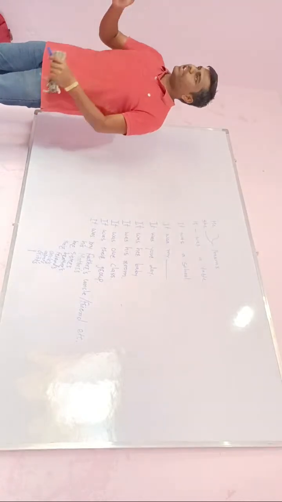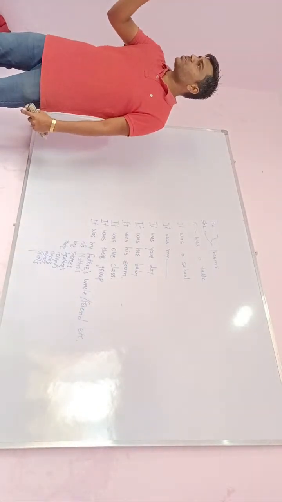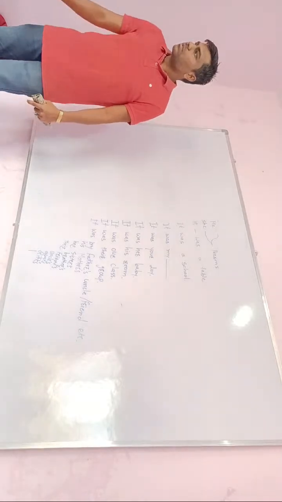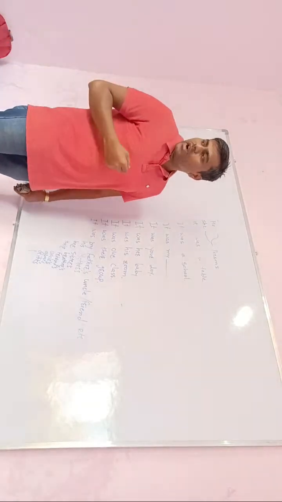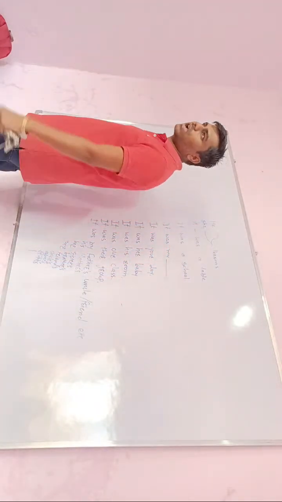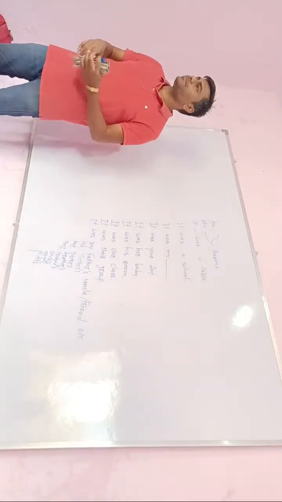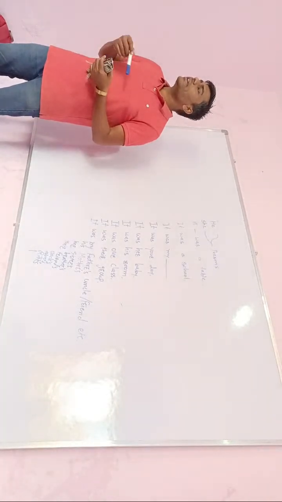218. Very good. Shripad, speak in English. 218. Next. 200. Very good. Kaveri. 216. 180. 118.